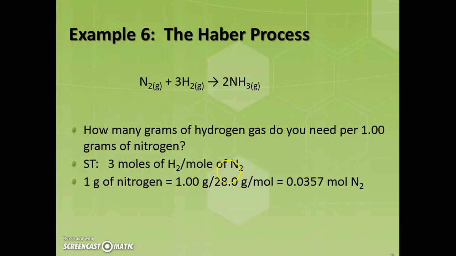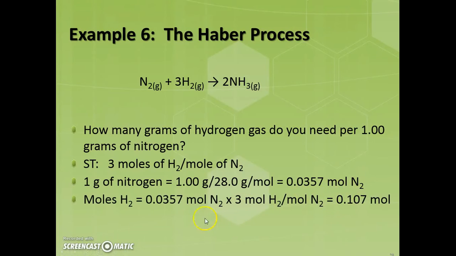So the next thing we do is find the number of moles of nitrogen. And that's very straightforward. 1 gram of nitrogen equals 1 gram divided by 28 grams per mole. Remember, that's just the molar mass of nitrogen. And so we can say that we have 0.0357 moles of nitrogen. We can then apply our stoichiometry term to find the number of moles of hydrogen.